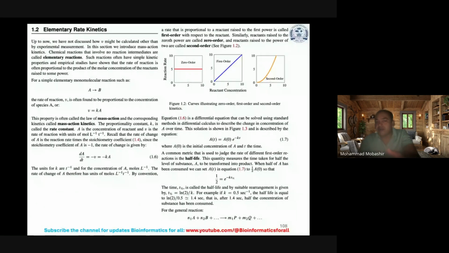Now, what is half-life? A common metric used to judge the rate of different first order reactions is the half-life. This quantity measures the time taken for half the amount of substance to be transformed into product. When half of A has been consumed, we can set A of t in the equation here to 1/2 times A, and then half equals e to the power of minus k t half.